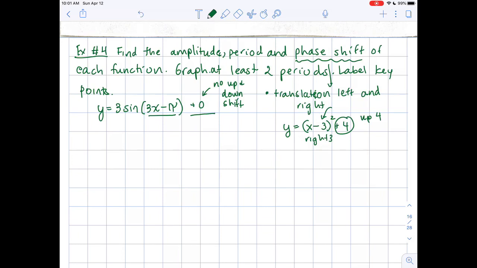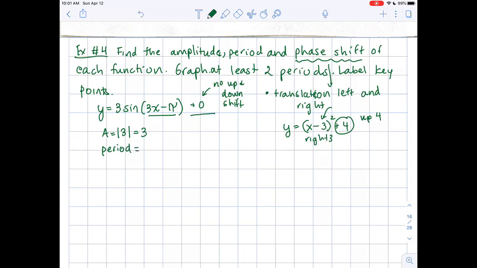And then let's go ahead and graph this. So just like the previous problems, we're going to figure out amplitude, period, and then this time also add in the phase shift. Okay, so the amplitude is the absolute value of the a value in front of sine, the constant, which is 3. So it's going to be 3 high, 3 low.